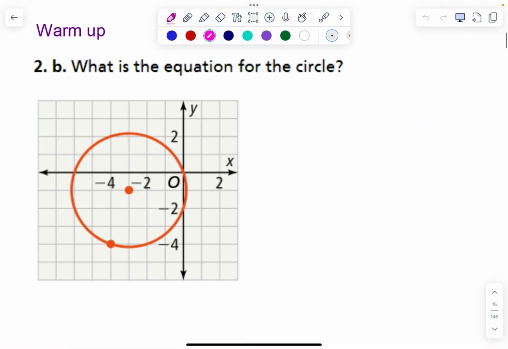Give it a shot. There are no coordinates called out on this one, so make sure that you do that first.